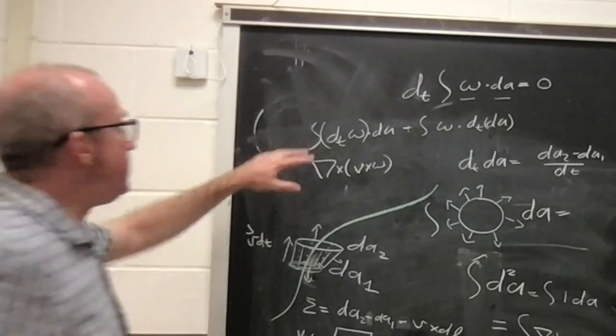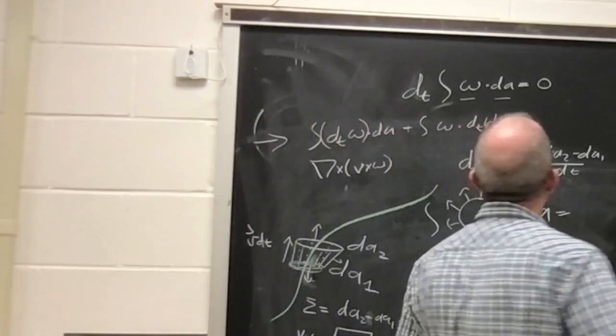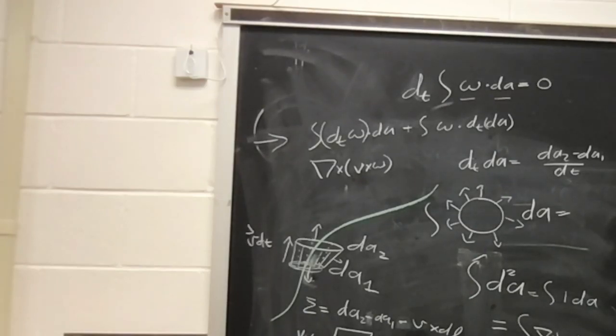So now we go back to here, and we have to do a little bit of algebra. What we have is the integral of omega dot d by dt of dA, which is an integral over the surface dA. We're going to turn this into an integral over the curve bounding dA of omega dot V cross dl. I just plug this into there.